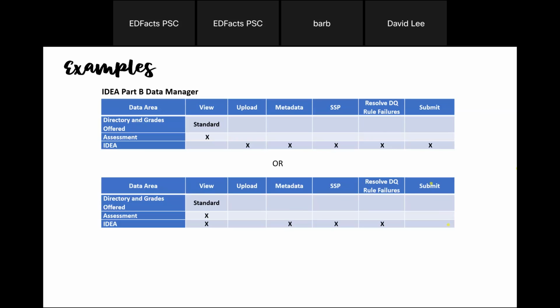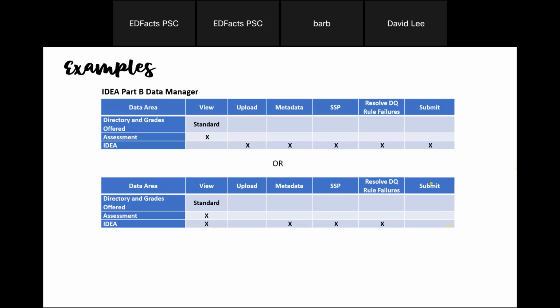The other way you could approach this is, maybe you as the EDFACTS coordinator currently upload files into the EDFACTS submission system. If you'd like to keep it that way, and maybe the Part B data manager wants to keep it that way, I really think you guys should discuss that and determine that in the state. But if they don't want to upload files and you want to keep your processes as they are, you wouldn't give them upload access.